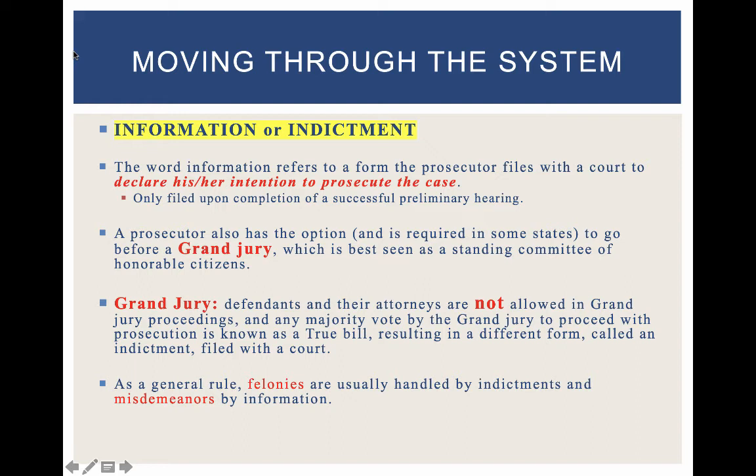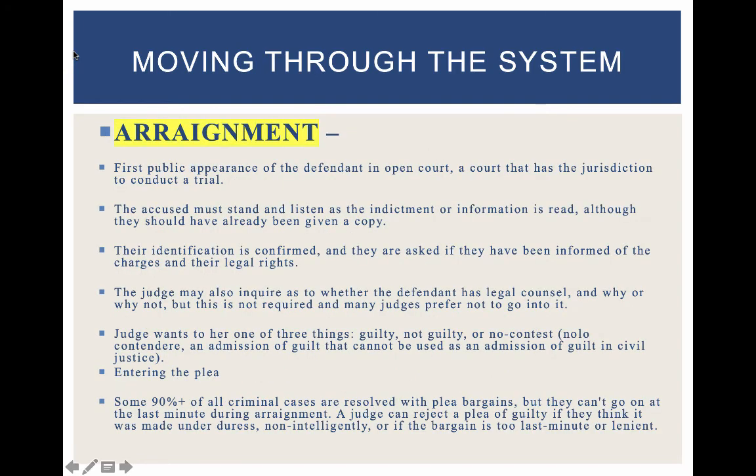If it continues on, it goes to the prosecutor with information or indictment, and the prosecutor reads the case and says, okay, I think there's enough probable cause, but I want it to go to a grand jury. A grand jury reads the case, reads what the cop did, reads what evidence there is, and determines whether there's enough probable cause to continue on, to make sure we're being fair to the person.